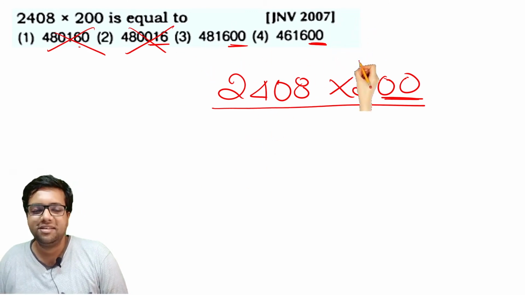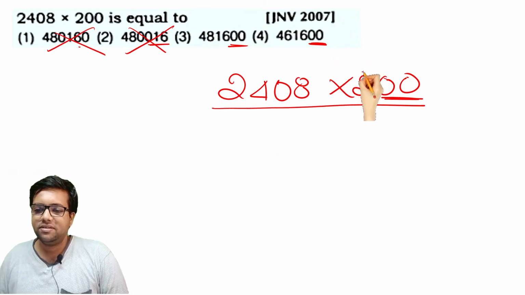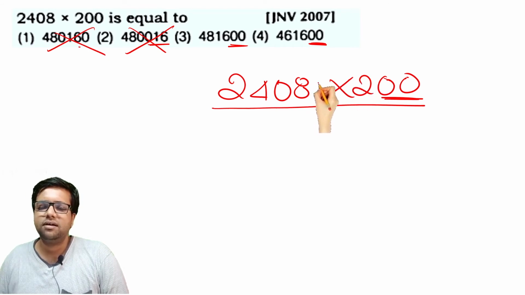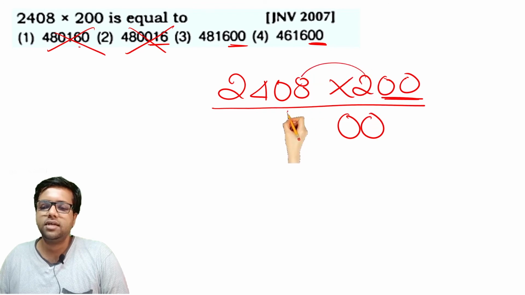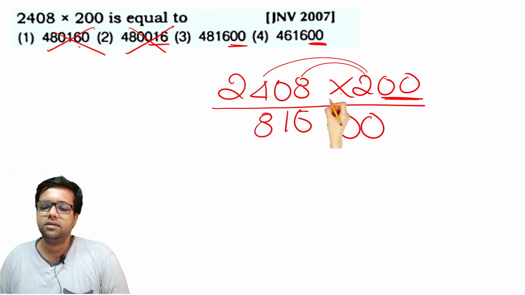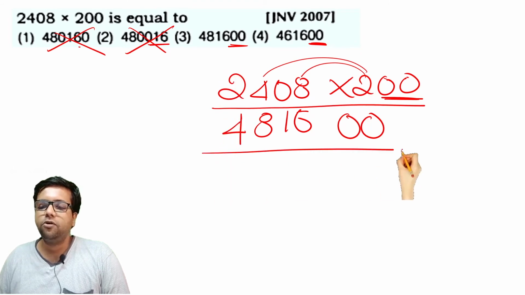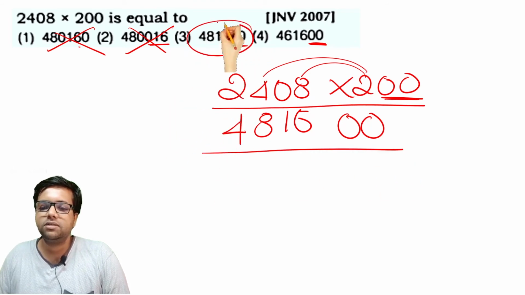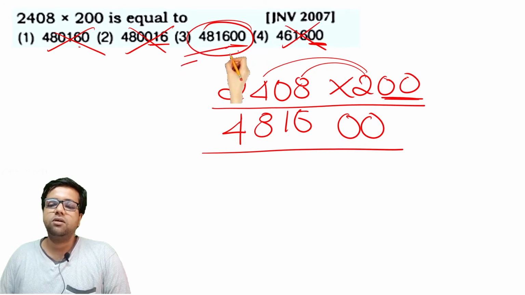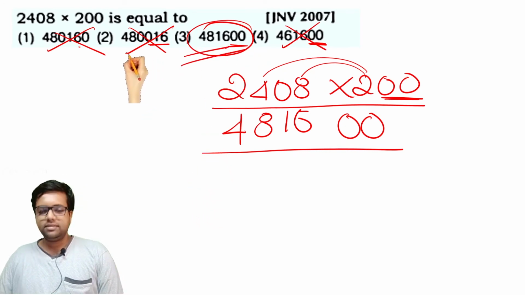Anyways, let us multiply. Keep 2 zeros as they are. 2 8s is 16, 0 is there, 1 will come as it is. 2 4s is 8. 2 2s is 4. 4816, so 481600 is available in option 3. So we consider option 3 as our right answer.